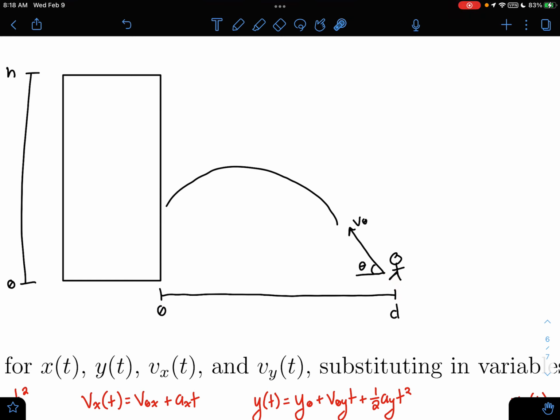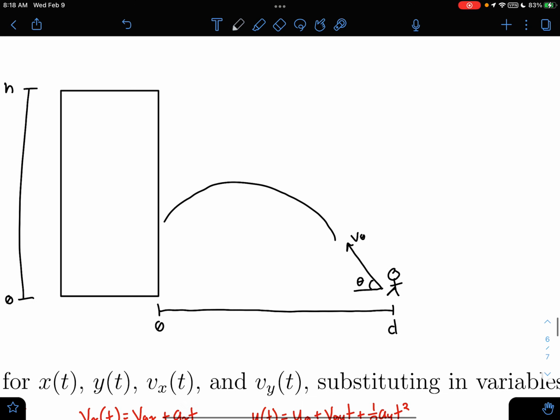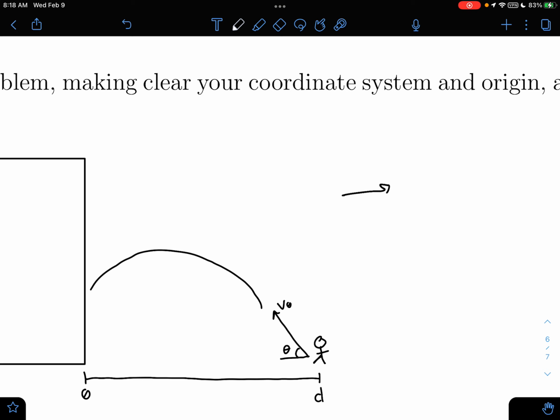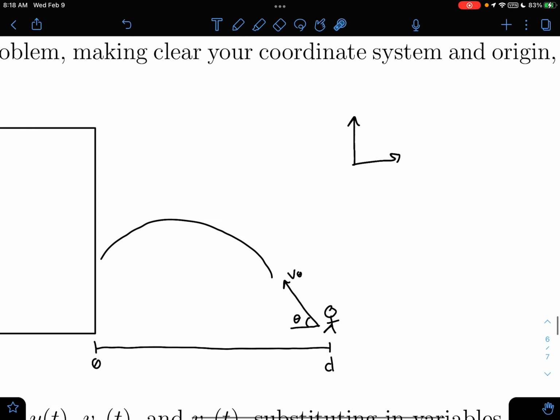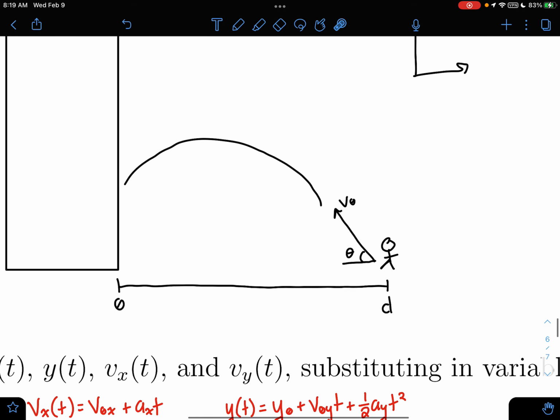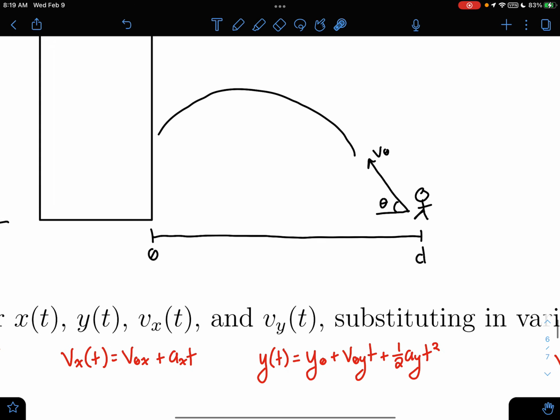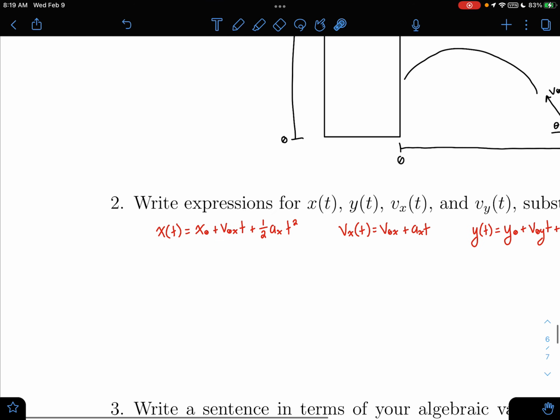But we have to remember that if I'm saying this is positive and this is positive, some of my stuff is now going to be negative in reference to these coordinates. And we're going to have a starting x, an x naught as well.